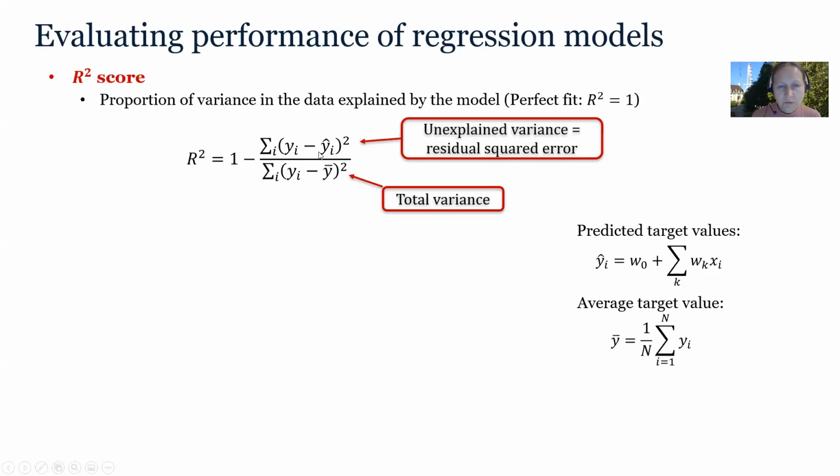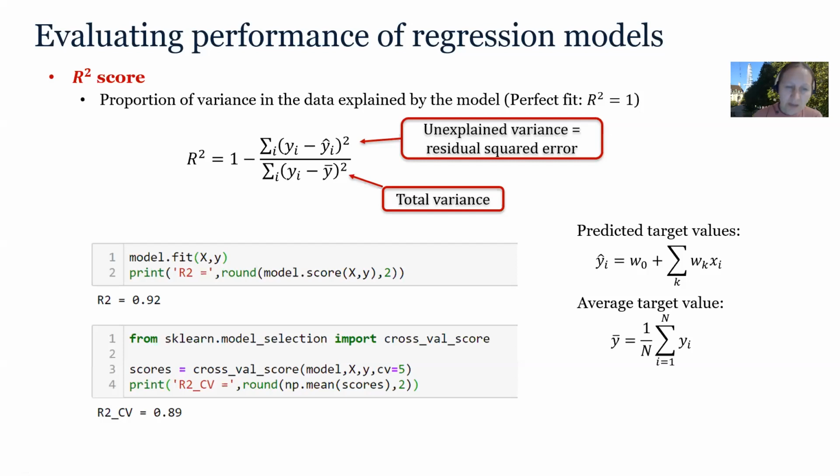These two expressions should actually be divided by the number of samples so that they correspond to variances, but these two factors will cancel out, so we don't really need to put them in the expression. Once we normalize the residual error by the total variance, we get the proportion of unexplained variance. And if you take 1 minus this expression, we get the proportion of variance explained by the model.